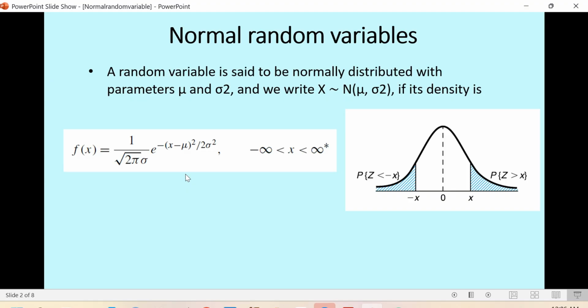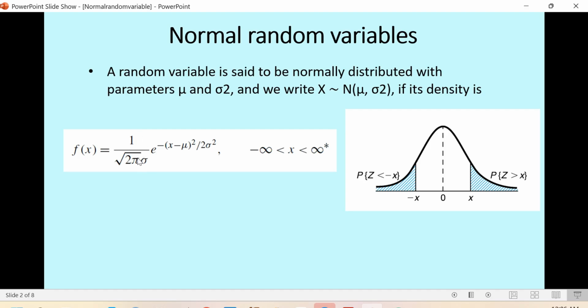And the probability density function is one over the square root of 2 times pi, then outside of this square root, we multiply with sigma. Sigma is the standard deviation, or sigma square is the variance.